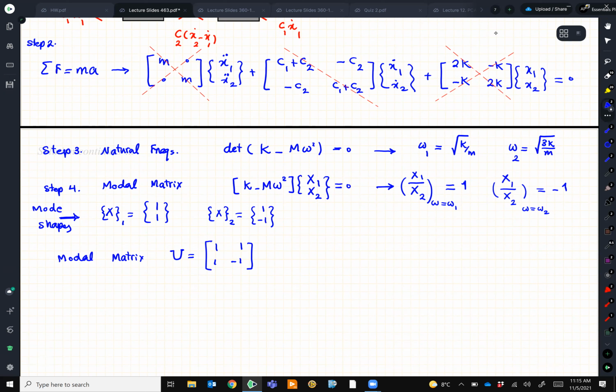And that's a key thing in any system that lets us decouple the system. So also we discussed last day that each of these are the eigenvectors, and each of these numbers are the eigenvalues.